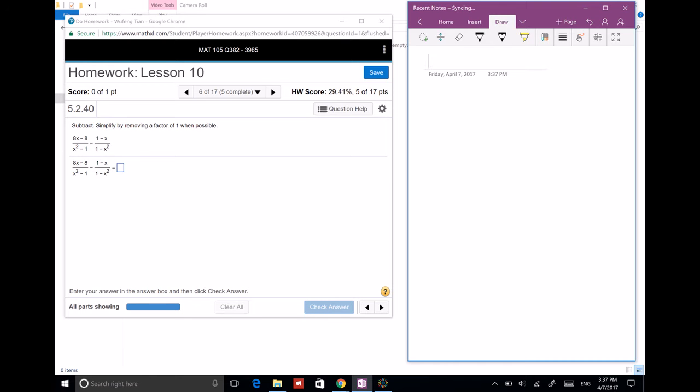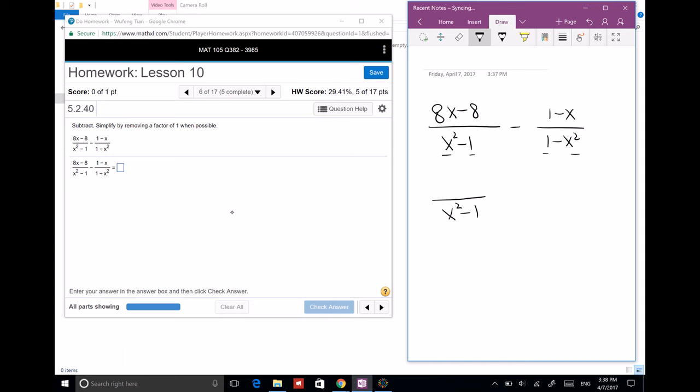Simplify and subtract it. Now 8x minus 8 over x squared minus 1, minus 1 minus x squared over 1 minus x. We can compare x squared minus 1 and 1 minus x squared. They just have opposite signs of each other.